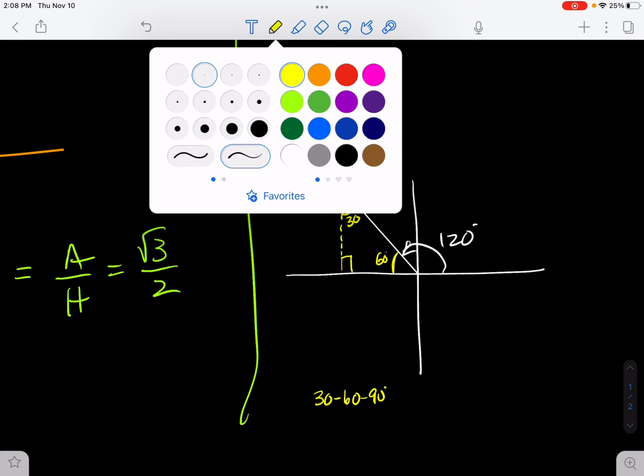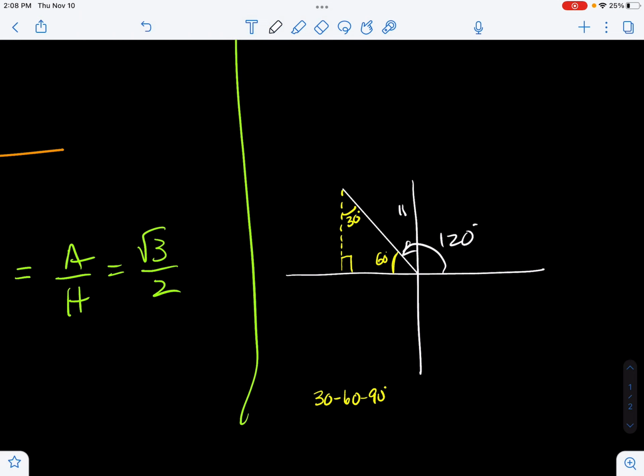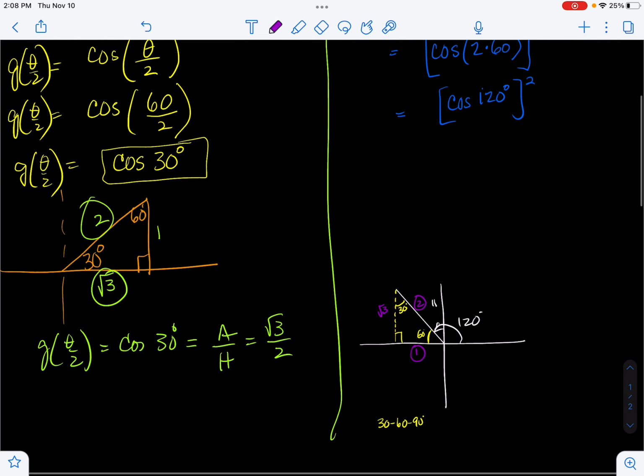Except we're in the second quadrant, so just be careful here. The smallest side will be the one opposite to 30 degrees, so 1, largest side 2, this should be root 3. And the question wants me to get cosine, which is adjacent over hypotenuse, right?